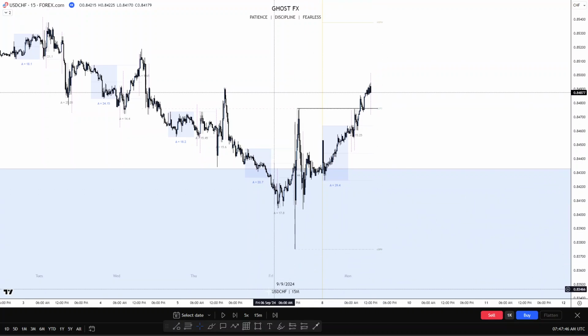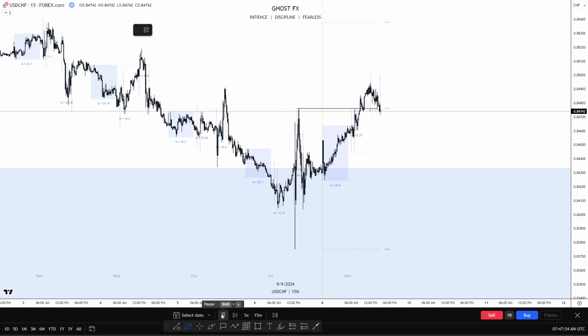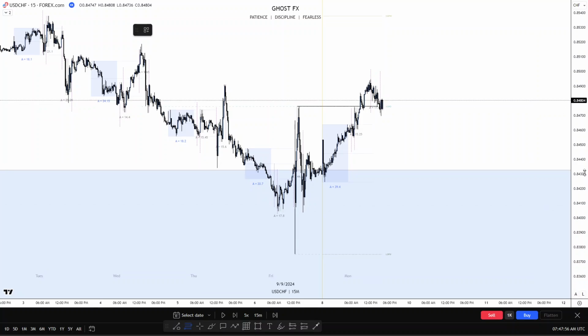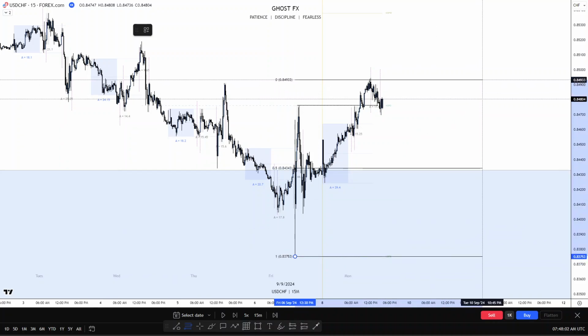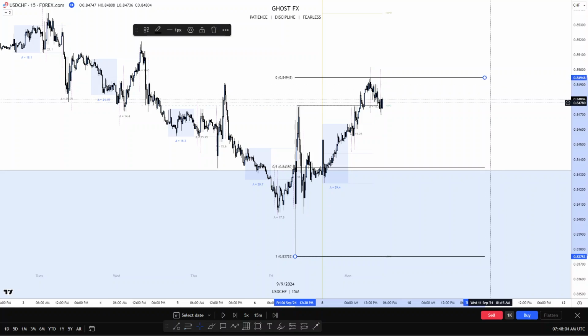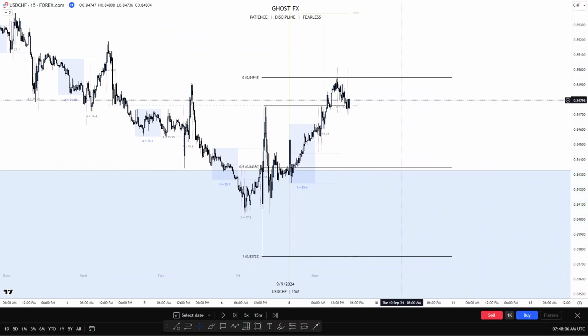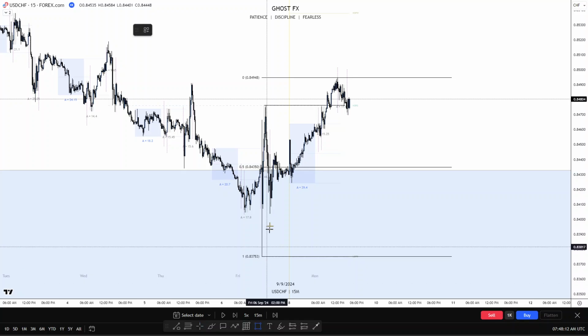So once you get a shift in market structure, the cycle continues. You wait for an internal break of structure. So we have this internal break of structure. For a high probability trade, wait for the trend to align before you take it. For a low probability trade, you can take advantage of this. So we have this decisional and this will be our extreme. So our decisional will take this side here.